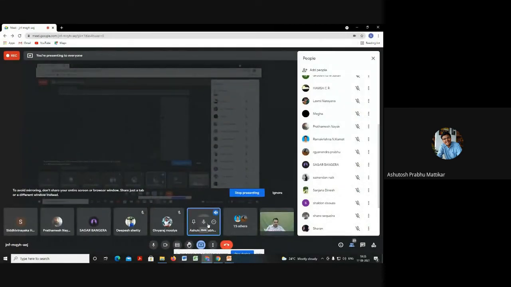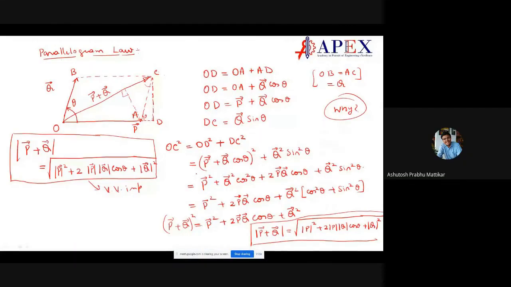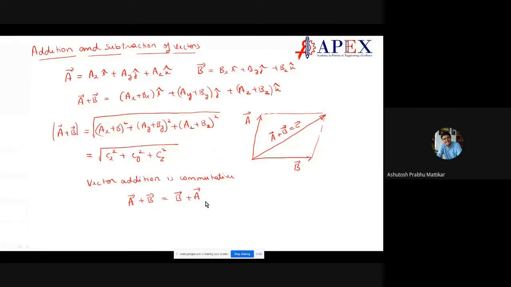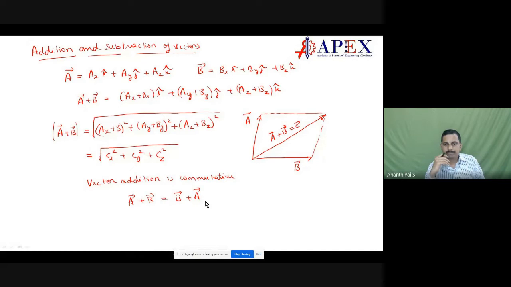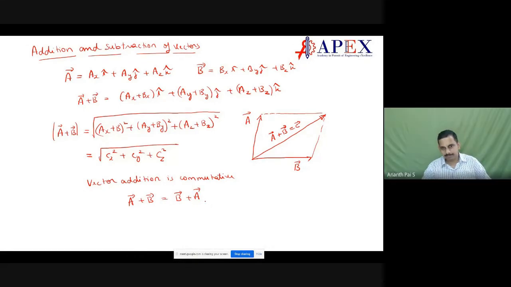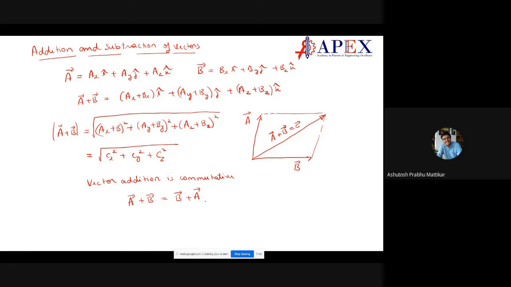Sir, in the previous slide you have written the summation of two vectors, ax plus bx I cap. Correct, that is one of the ways. According to the parallelogram law, this must be wrong, isn't it, sir?